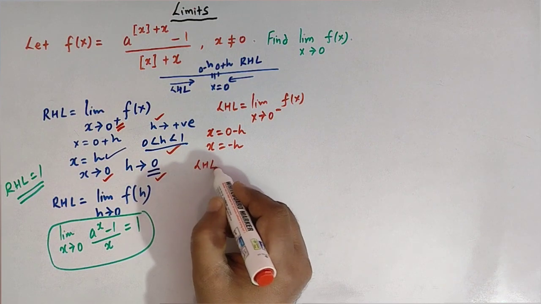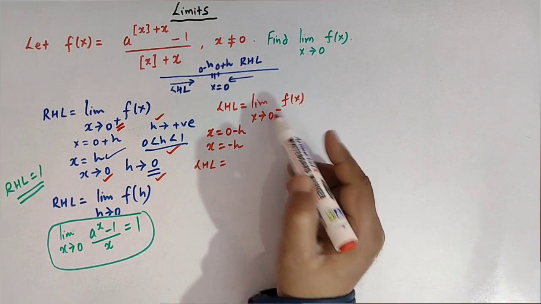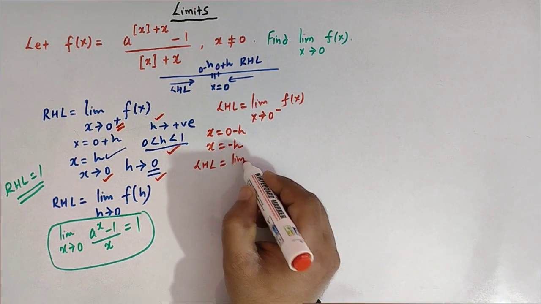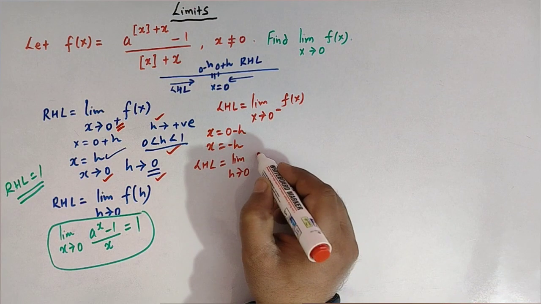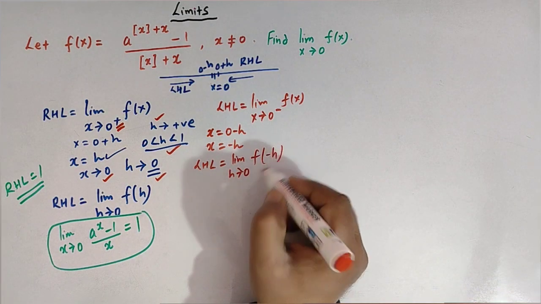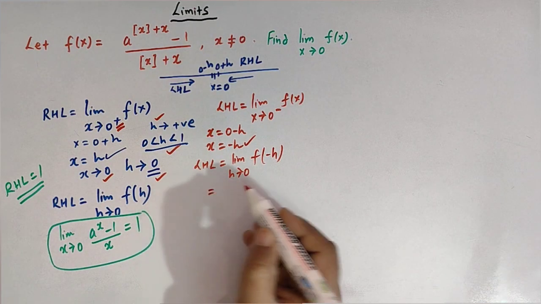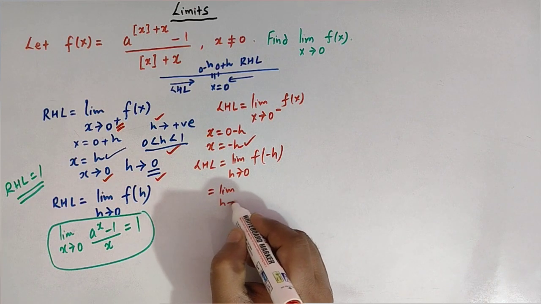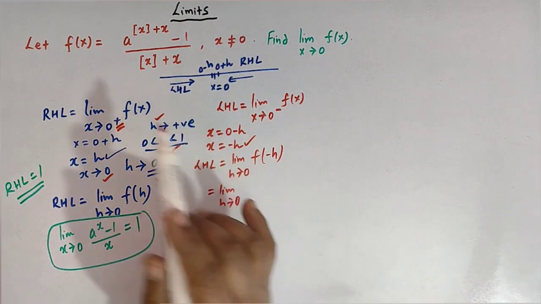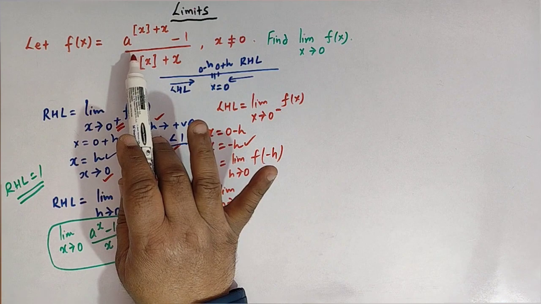So now we can write this limit in terms of h as limit h tends to 0, and here we have f of minus h because x is equal to minus h. So now limit h tends to 0, f of minus h can be obtained from the function itself.